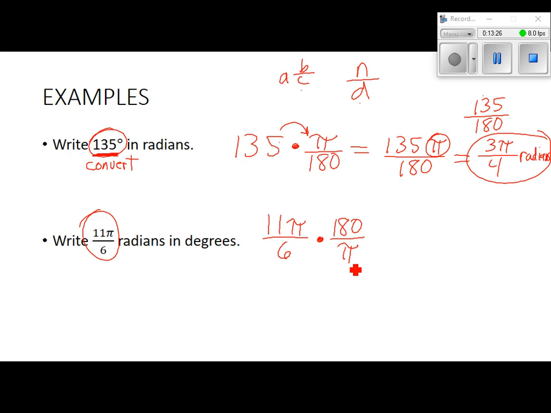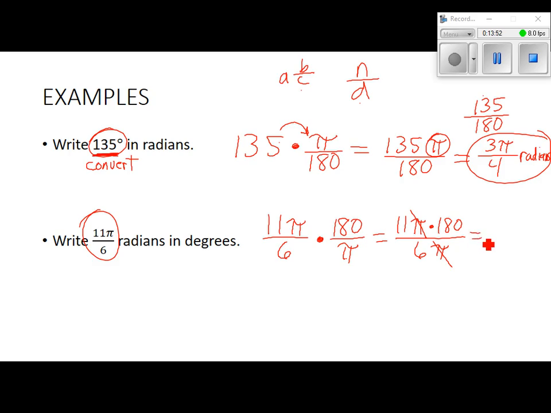The first thing I hope you notice here is you got a pi on the bottom. If I just write it out, this is 11 pi times 180 on top, and 6 times pi on bottom. Well, we got a pi on top and we got a pi on bottom. They're just going to cancel each other out.